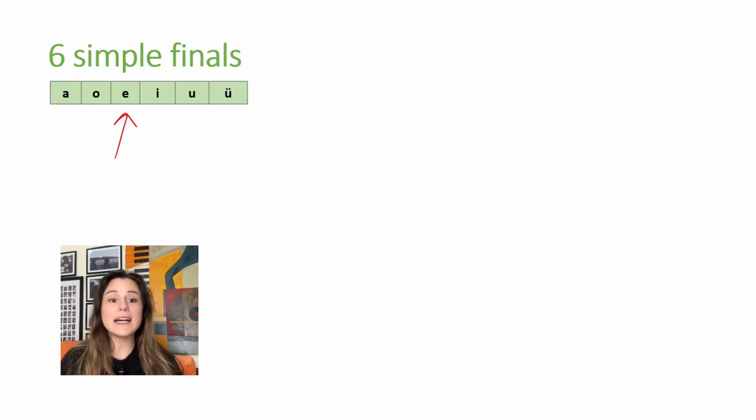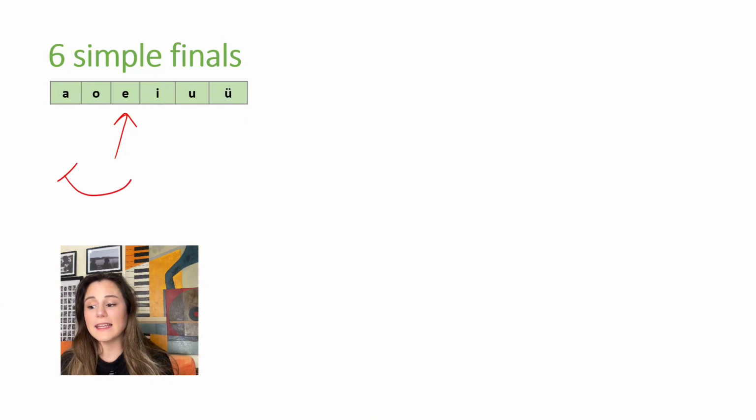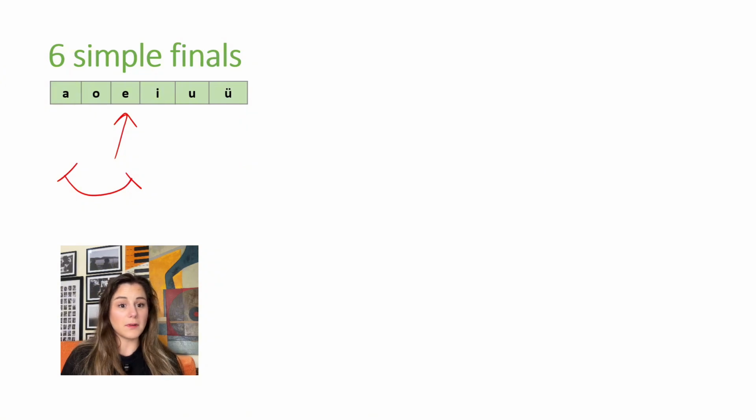What you need to do is imagine that you are smiling while you are pronouncing that final. For the fourth one, it's e. The fifth one, u. You need to purse your lips in order to pronounce this final properly. And the last one is ü.